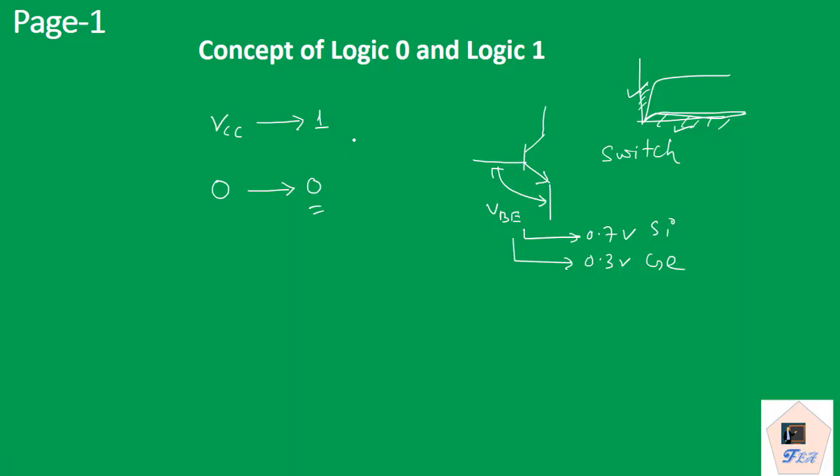Our entire digital electronics and all the digital systems, starting from the computer, mobile, television or any other kind of digital devices, are completely based on this concept. Now the concept of Boolean algebra. Since we have only two states, 0 and 1, how these 0 and 1 are used in digital circuits is defined by Boolean algebra.